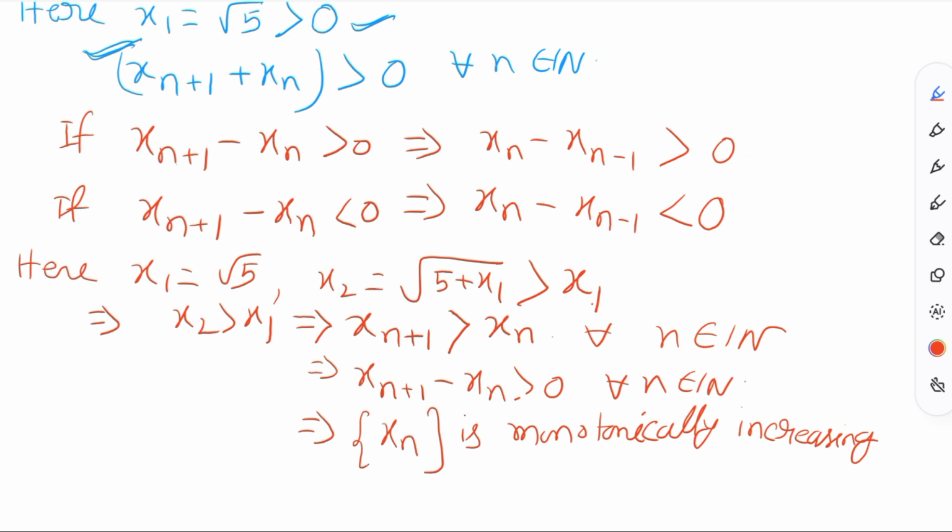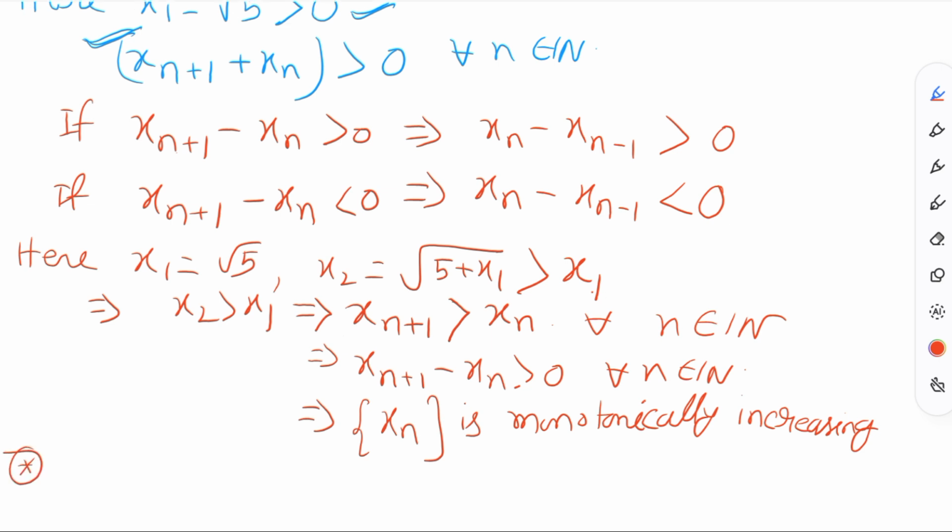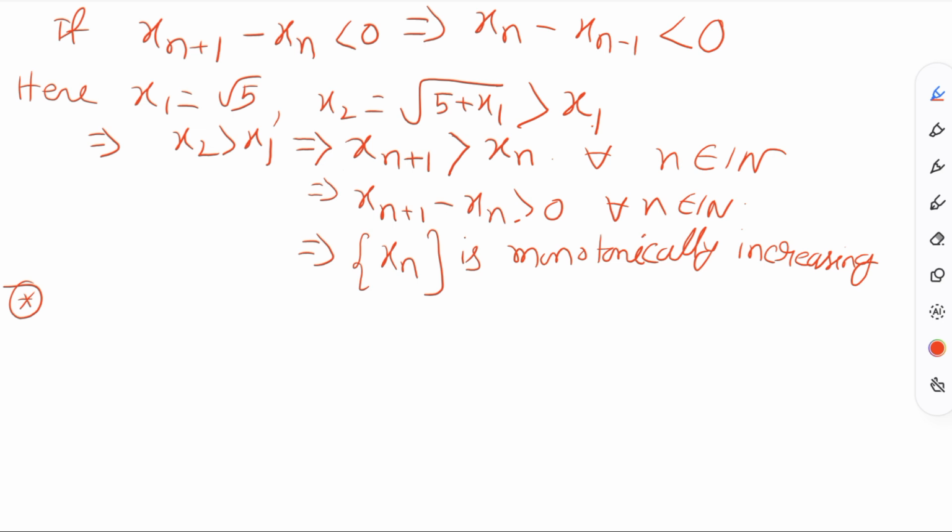How to show? See everyone, xn plus 1 greater than xn.